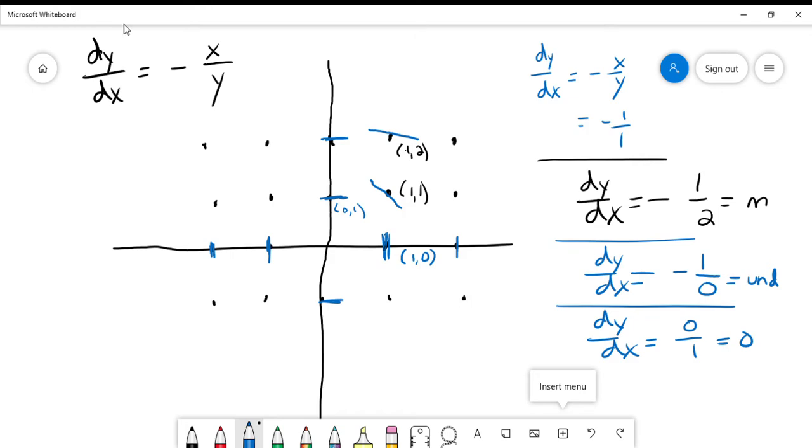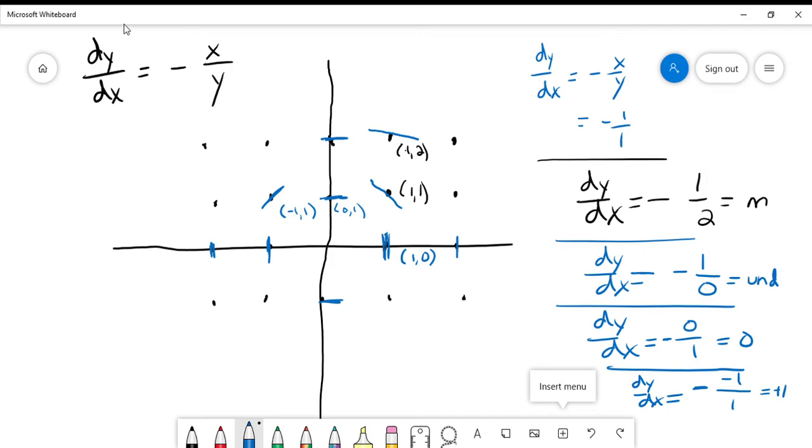Let's try this one here. The x-coordinate is -1. The y-coordinate is +1. If I plug that in to dy/dx, I have the opposite of -1 over 1, which is +1. So here the slope of the tangent line is going to be +1.